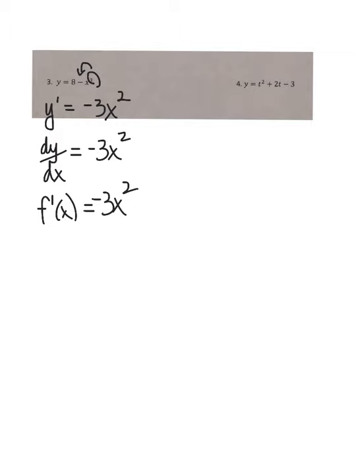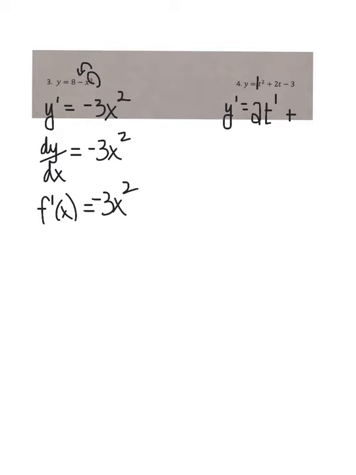All right, so let's go to number 4. So number 4, we have y prime equals, I'm going to take that 2, I'm going to multiply it by the 1 that's in front, so that's going to be 2t, technically to the first power now, right? Because I'm reducing that 2 by 1, plus, and then remember what I said about any time you have a constant term multiplied by just a t to the first power.